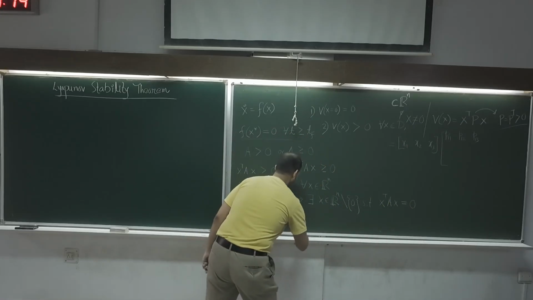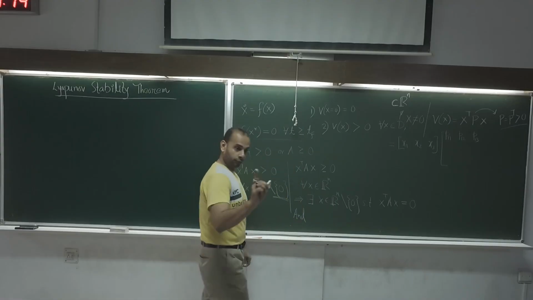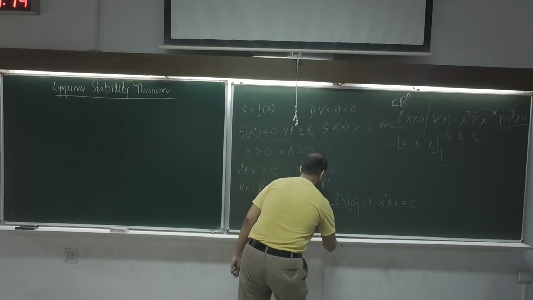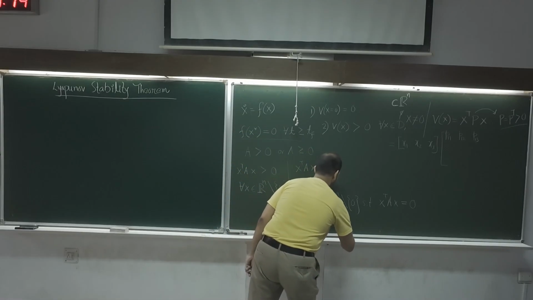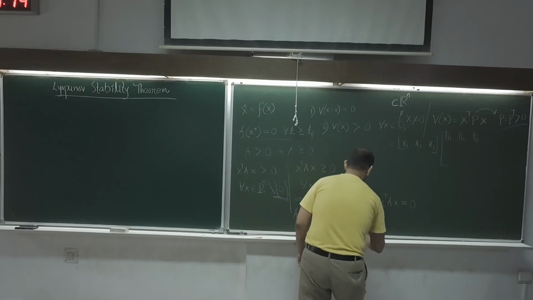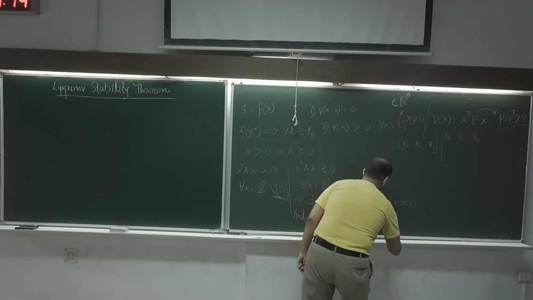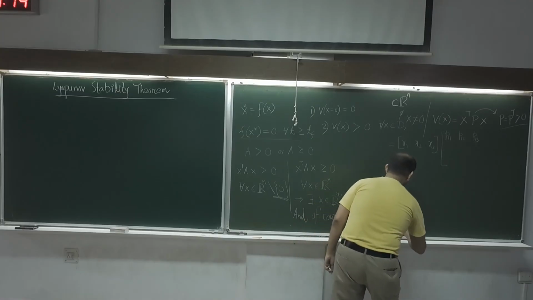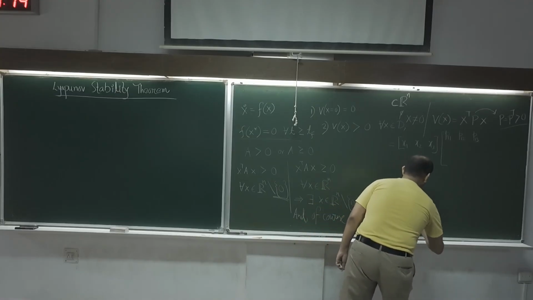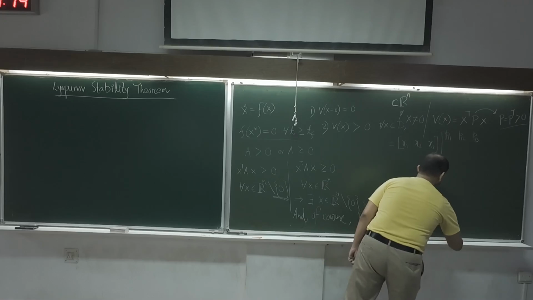And of course, for x equals to 0, x transpose Ax equals to 0, which is the trivial case.